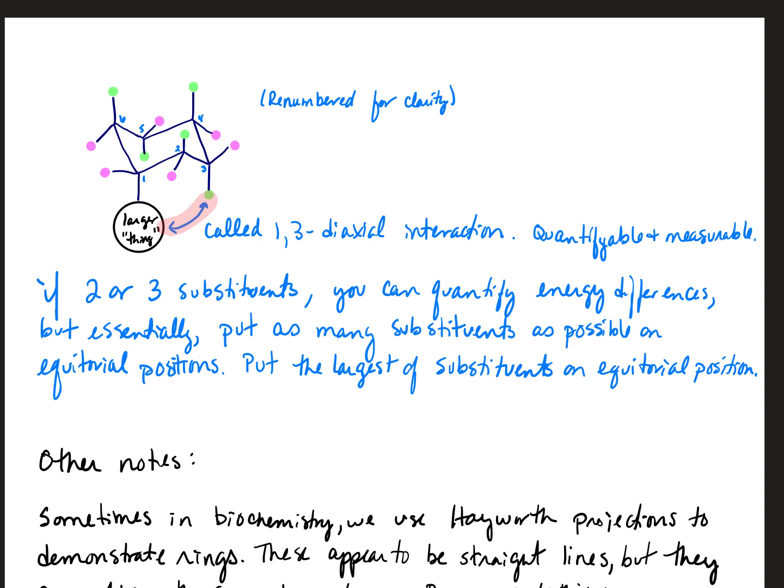Essentially, the larger that item gets, the more it tends to interact with other hydrogens, and you get more steric hindrance. So if you have 2 or 3 substituents, you definitely want to keep as many on the equatorial position as possible because that's just closer to reality. And again, we can quantify that if need be. If you have substituents that need to be in both the axial and equatorial, you probably need to quantify that to determine which position would be best for that particular molecule.